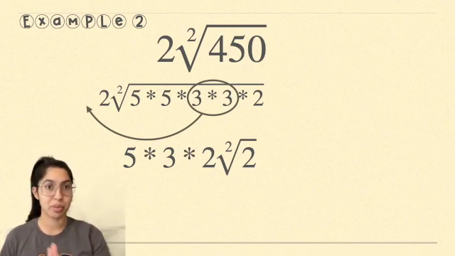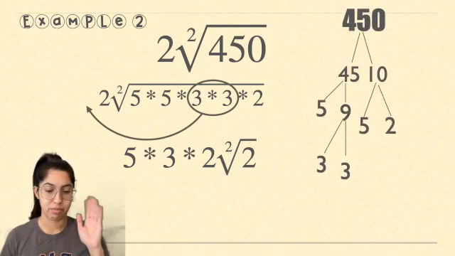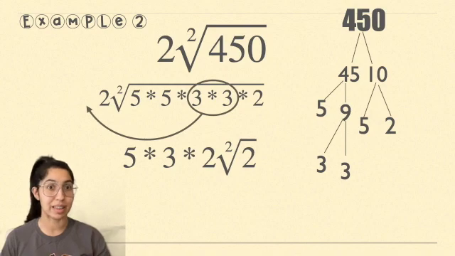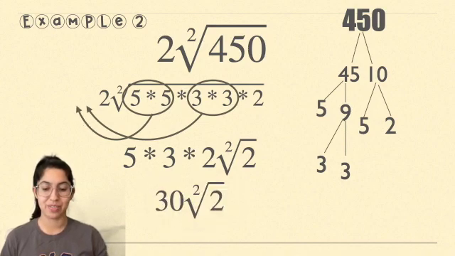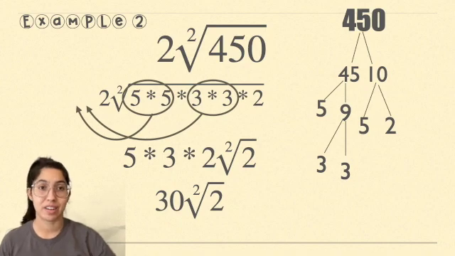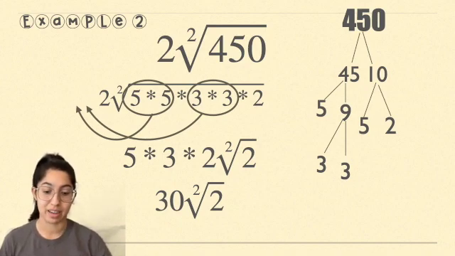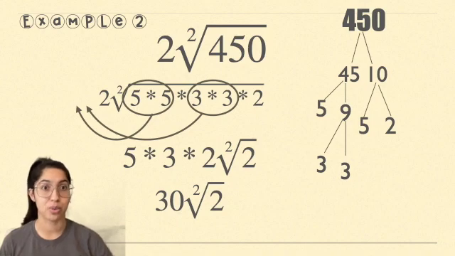Anytime I move something outside, it's being connected by multiplication. So 5 times 3 times 2. And there's my factor tree so you can see if you get stuck on the factors. And I don't know why I mixed this up. Sorry. Okay, so 5 times 3 is 15, times 2 is 30, and then square root of 2 is left. And that is my final answer, 30 square root 2.